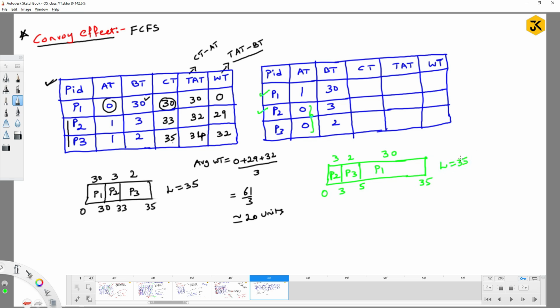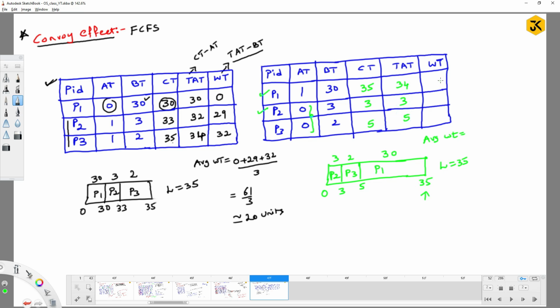Good. Then we need to calculate the average waiting time. For that you need the turnaround time as well as the completion time. What is the completion time of P1? 35. Completion time of P2 will be 3. Completion time of P3 will be 5. What is turnaround time? Completion time minus arrival time. So that is 34, 3 and 5.